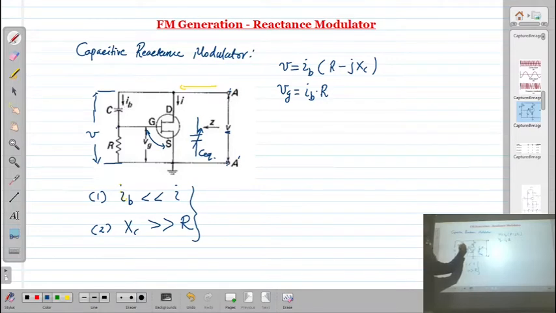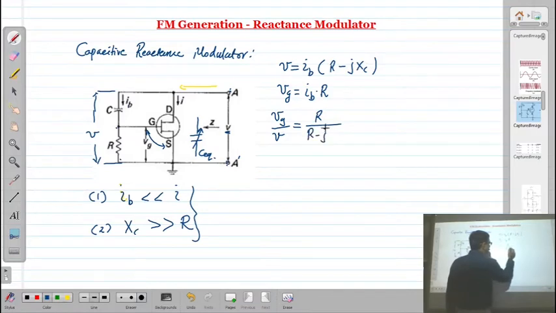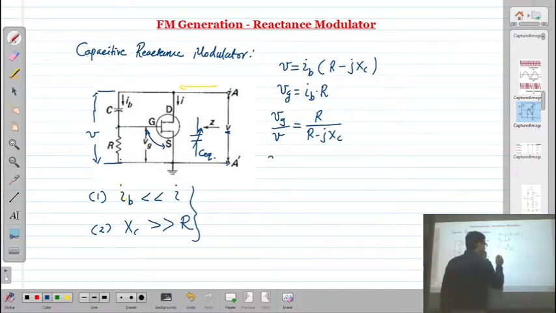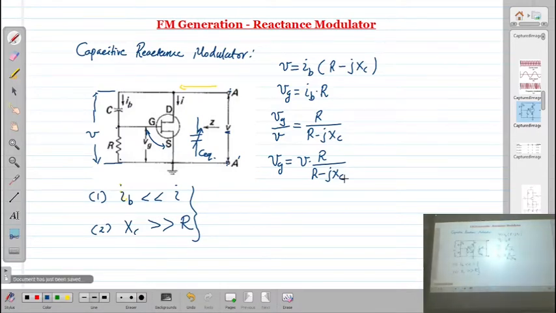So whatever current IB is passing through the capacitor, we assume the same current is passing through the resistance R. Taking the ratio, VG by V is equal to R divided by R minus jXC. Or the gate to source voltage VG is equal to V into R divided by R minus jXC.